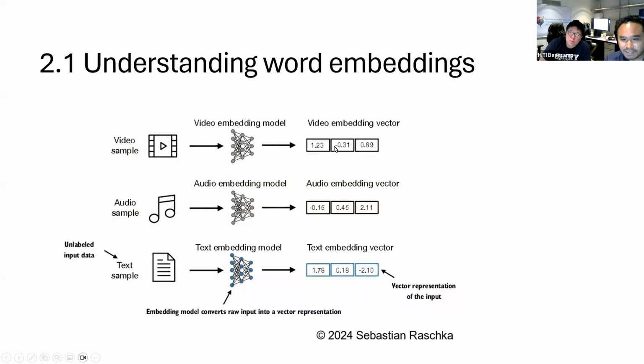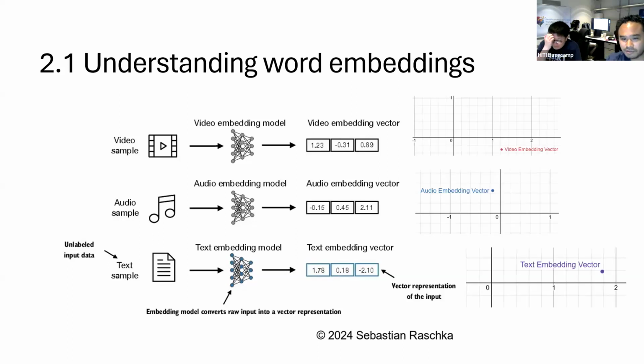In this example, it's a three-dimensional vector. If we think of it as coordinates, these would be different coordinates in the X, Y, Z space. If we take a two-dimensional, just the first two, we can plot it onto a two-dimensional Cartesian plane.